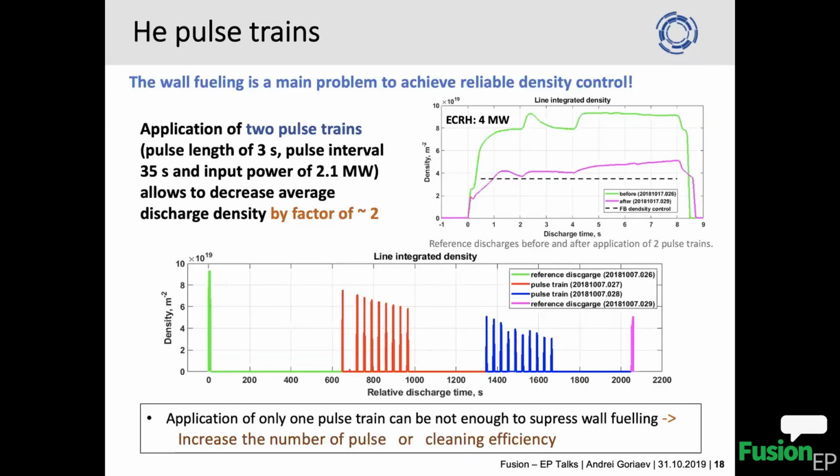After the application of 2 pulse trains, we can see again the reference discharge with the density close to what we wanted to have. So that was an example of helium pulse train application to get back the density control if you have a problem of strong wall fueling.